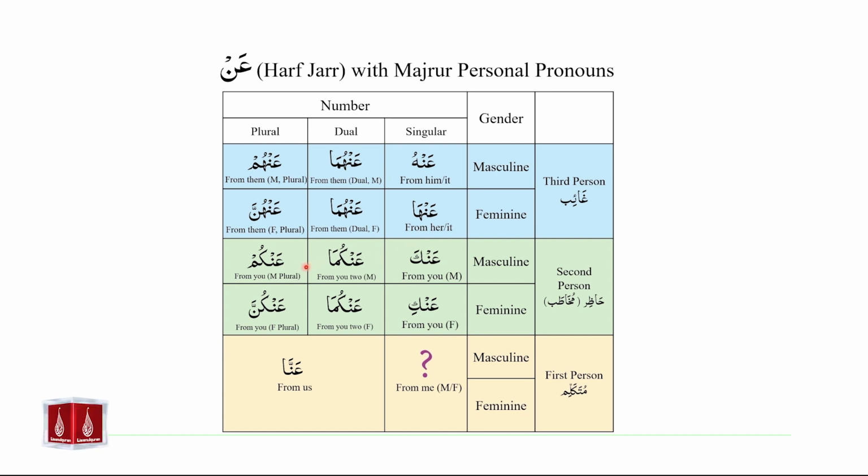Ankum, from you, referring to masculine and plural. Anki, ankuma, ankunna. Ankunna refers to feminine and plural. Ankunna can be translated to from you. Anna, from us. And in the next slide, we will look at how to combine an with ya.